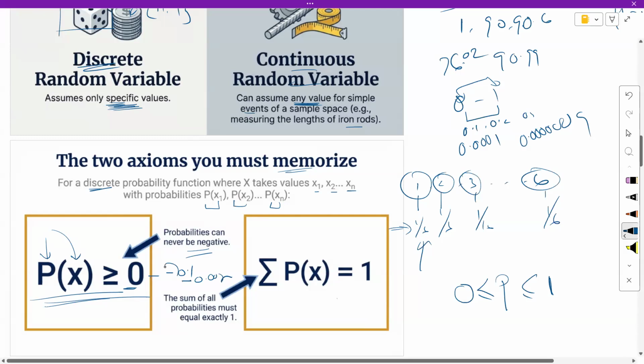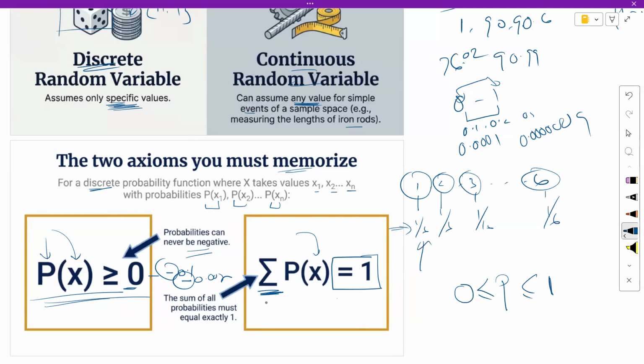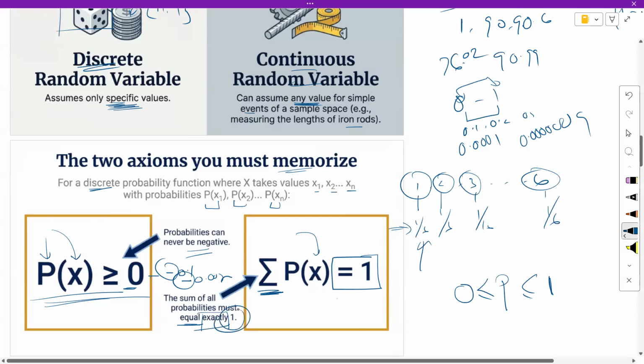So no probabilities with negative values. And the sum, right, the total of probability of any variable must be equal to 1. Total sum of the probability is equal to 1. The sum of all probabilities must be exactly 1, not less or no more.